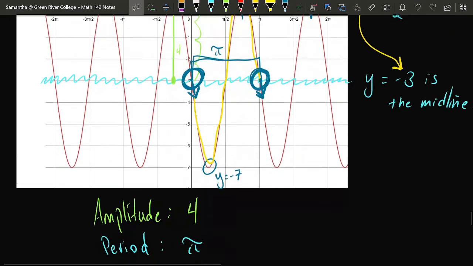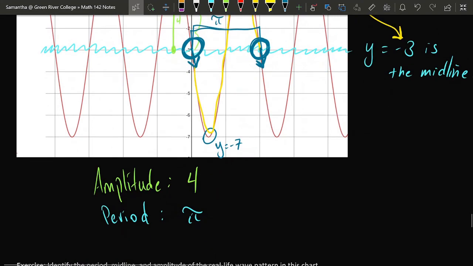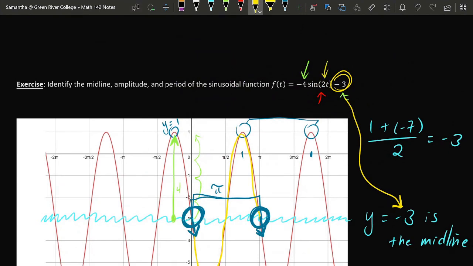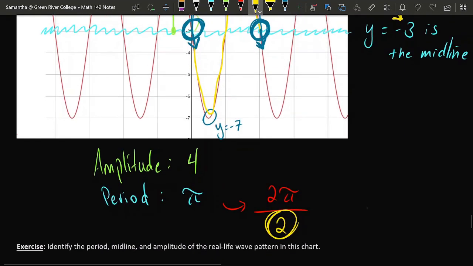Our function has a period which is equal to 1/2 of that: 2π, the standard period of the standard sine function, divided by 2. And this 2 is related to the 2 that we're seeing in the input in the formula we were given. So that is the relationship between the 2 in the formula and the 2 in the period.